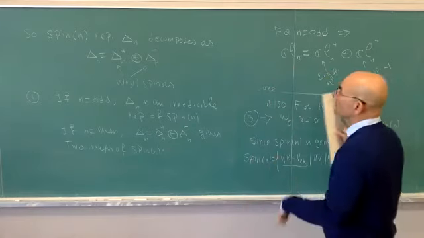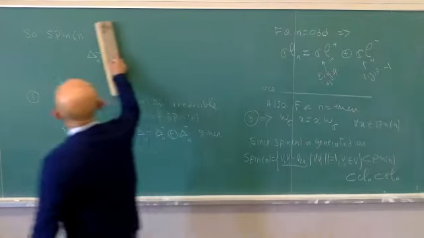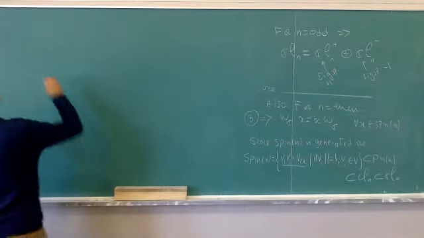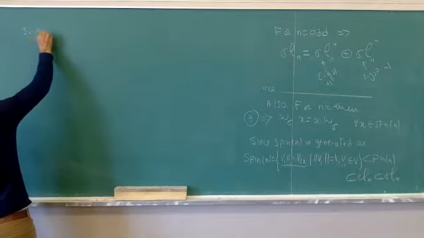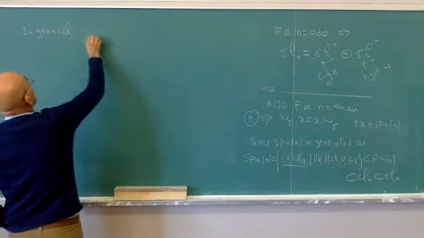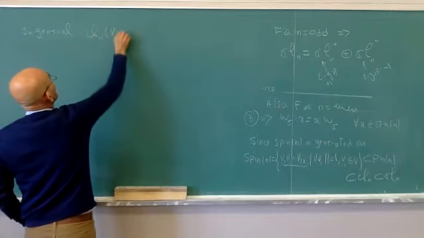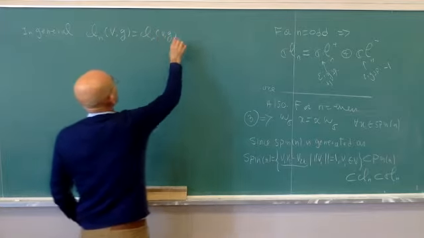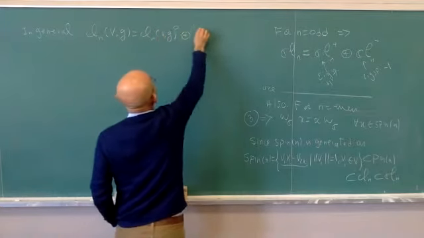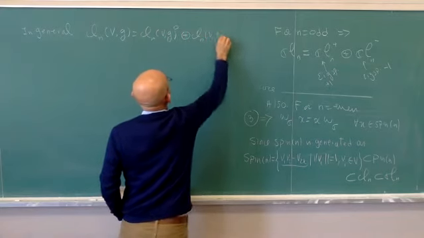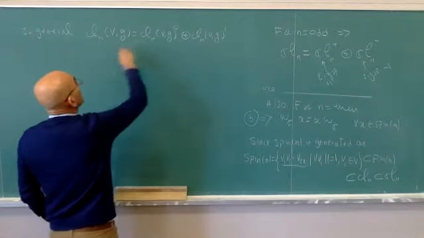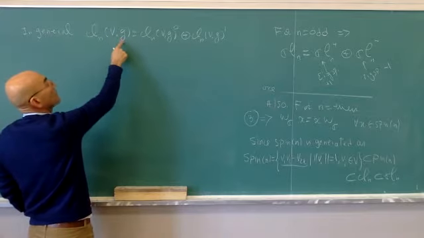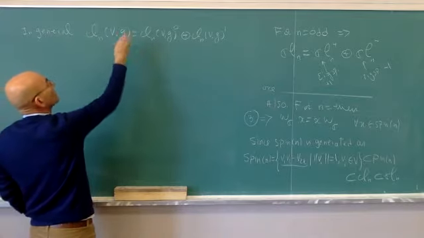So you remember that we have this decomposition in general: CLn of V, g is equal to CLn(V,g)_0 direct sum CLn(V,g)_1. This is for any metric and for any V. It doesn't have to be positive definite, or non-degenerate.